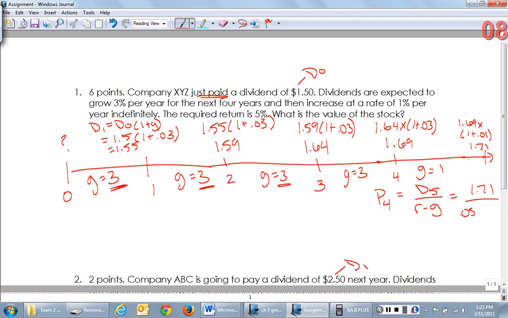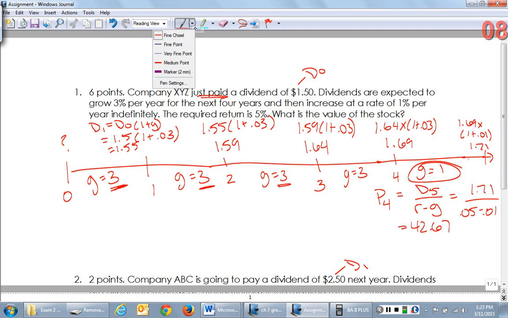Our required return is 5%. And we use the constant growth rate, the 1%. So $1.71 divided by 4% is $42.67.